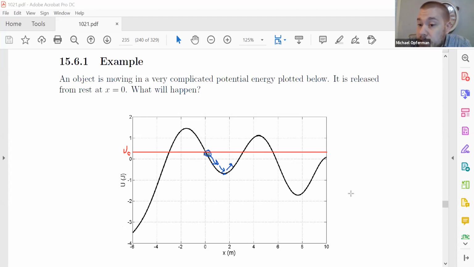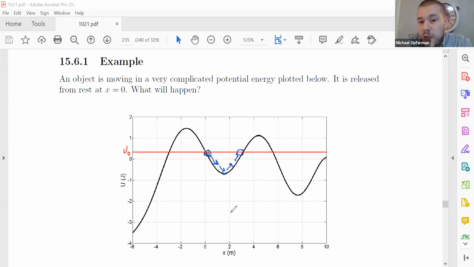And since the kinetic energy can't be negative, if it's released with this amount of energy, it can't get up past that level because it can never have more potential energy than it started with, because it can never have more total energy than it started with.